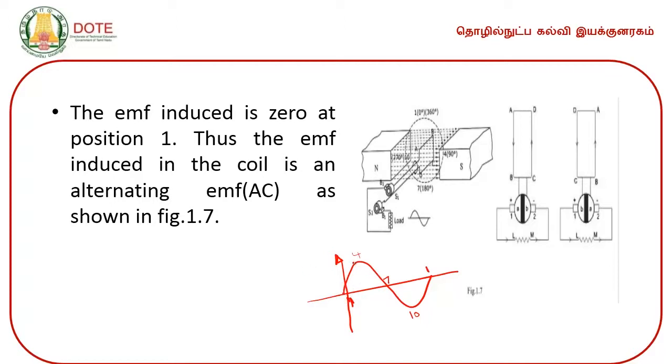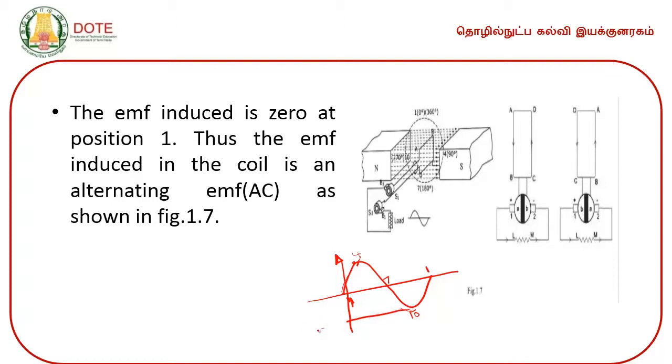When it goes to the position of 4, then the voltage is increasing to the positive peak, it attains positive peak exactly at 4, and when the coil attains the position 7, it comes back to 0, the EMF is 0, and when the coil moves from position 7 to 10, then the voltage is maximum again, but in the negative direction.